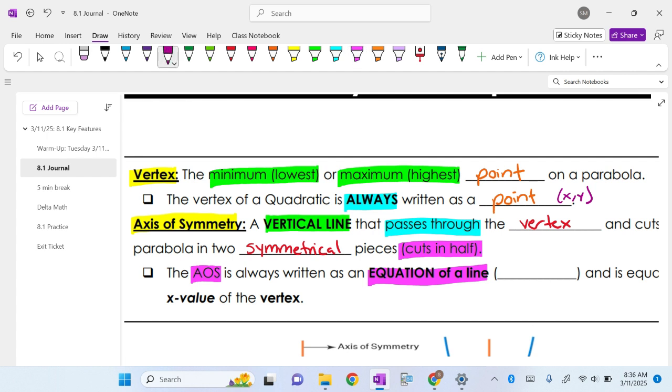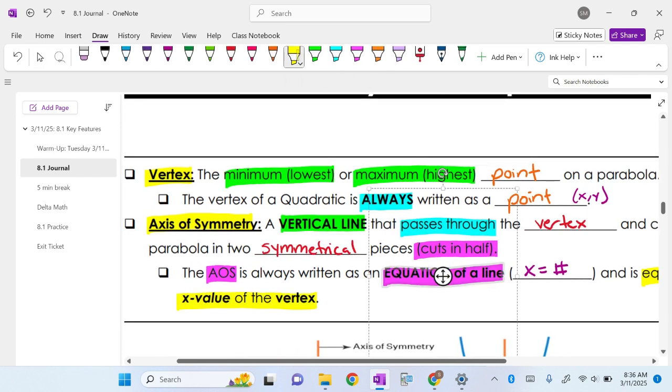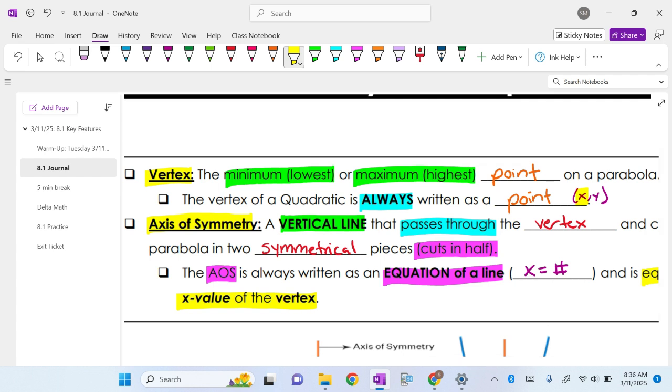X. So you'll always write it as x equals some number. And that number is always equal to the x value of the vertex. So whatever the x value of the vertex point is, that's also your axis of symmetry. So if you find the vertex, the axis of symmetry is really easy to find because you already got it pretty much.